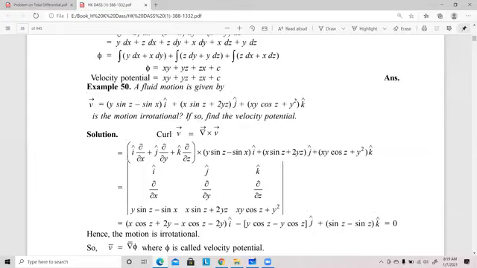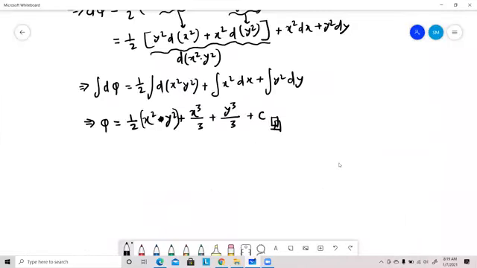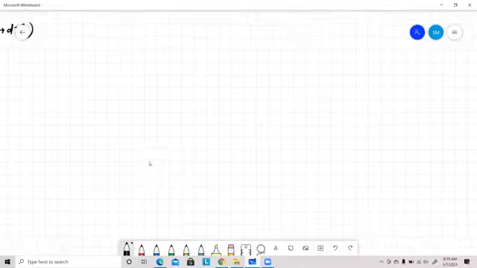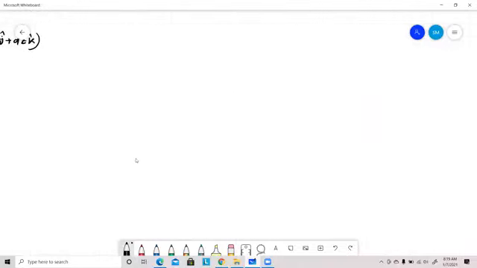Then if we go to the board, the procedure is the same for all the cases.